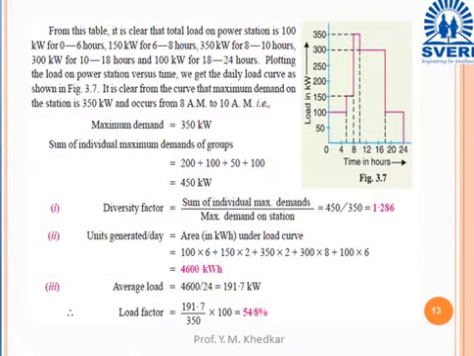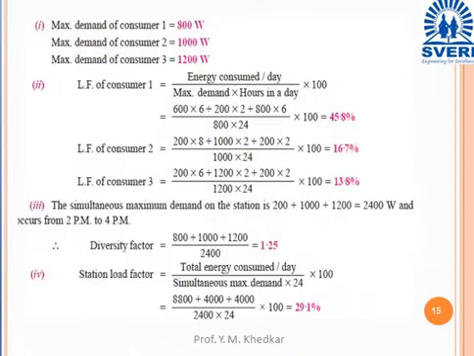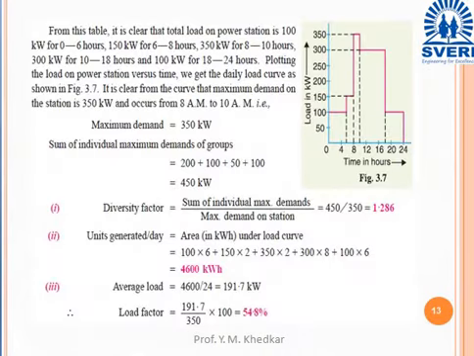In this table the individual maximum demand of group A is 200, then 100, 50 and 100. Now we will take all these demands into consideration and calculate the sum: 450 will be the sum of individual maximum demand.